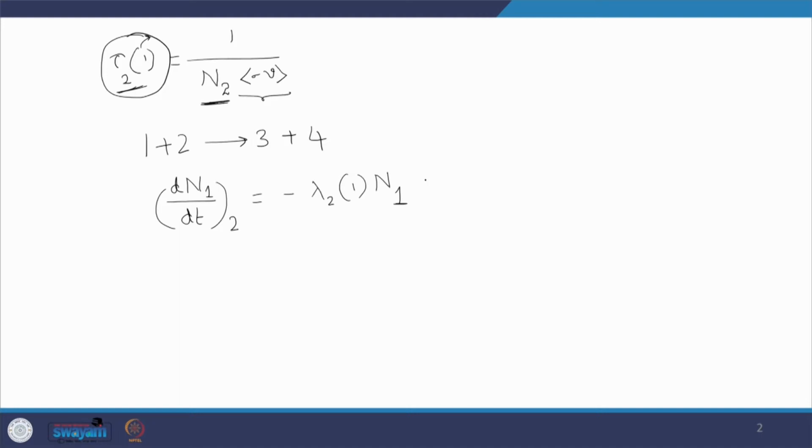This I can express in terms of lambda, that is, the decay constant in terms of mean lifetime, can be represented as the mean lifetime of nucleus 1 when it is interacting with type 2 nucleus. I hope this expression is clear to you.